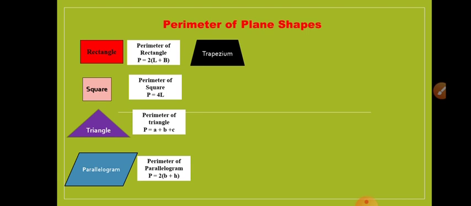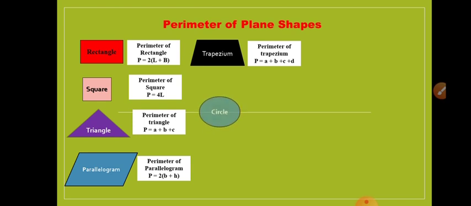If you check this trapezium, you will discover that the length above and the length below are not equal, and this side and this side are not equal. Therefore, what you need to do is label it with different letters A, B, C, D to measure round the shape. Our formula for the perimeter of trapezium equals A plus B plus C plus D.